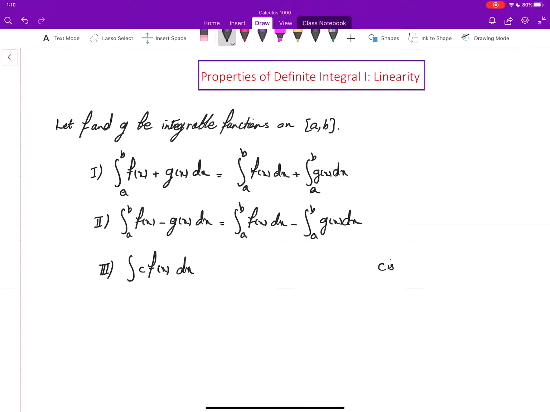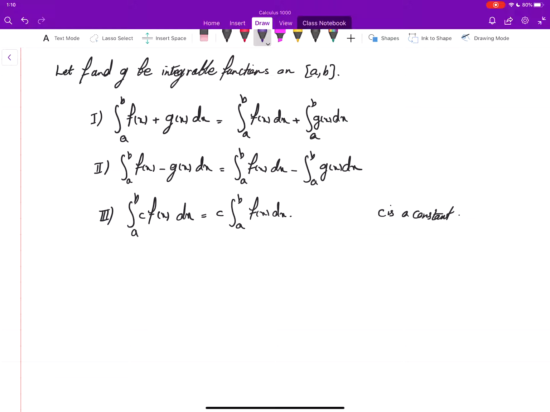The reason these properties hold is because of the similar properties for sums. Remember that the integral from a to b of f of x plus g of x dx is going to be the limit as n goes to infinity of the sum of delta x times f of xi star, any sample point, plus g of xi star, with i going from 1 to n, where we have n subintervals.